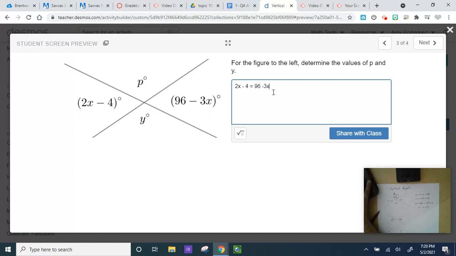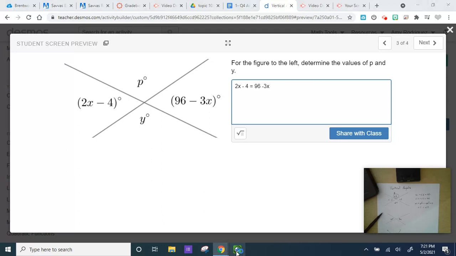Go ahead and solve that. Figure out what x is. Once you know what x is, could you figure out what the angle is? Could you figure out what P is? Could you figure out what Y is? So this right here is equal to this. These are vertical. Even this is the mathematical definition of vertical. Normally we think of vertical as being up and down, but anything across from each other.